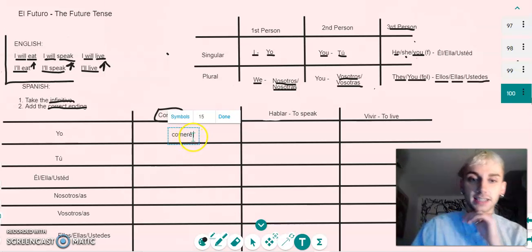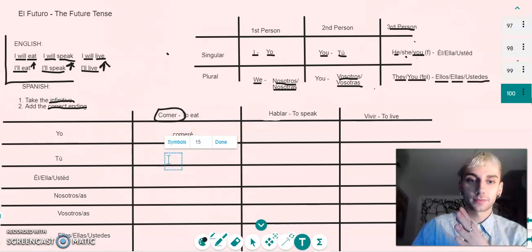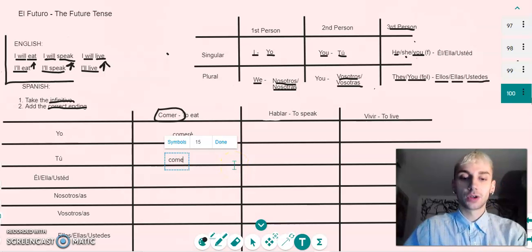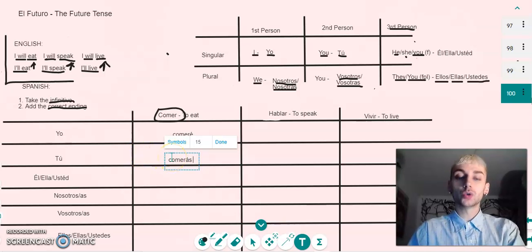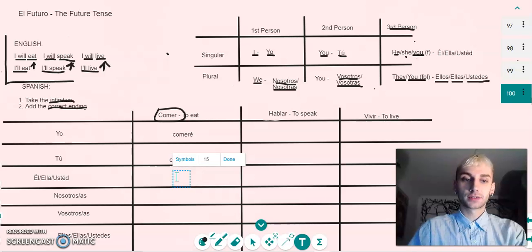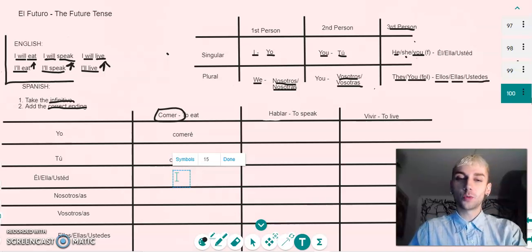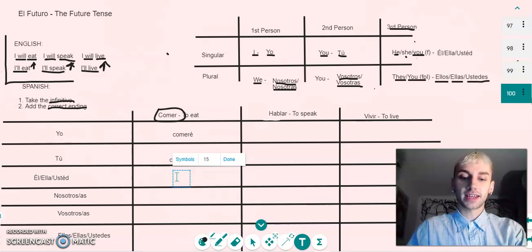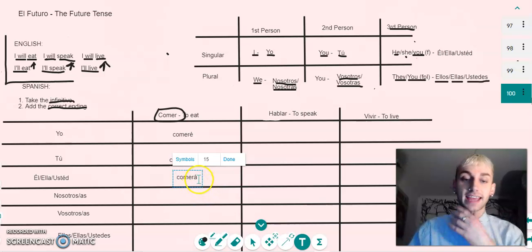The ending here is é, and this means I will eat. Next, we have comerás. Here the ending is ás, and this is the second person singular form, you will eat. We then have he, she, or this formal you will eat, so that is comerá. The ending here is á.